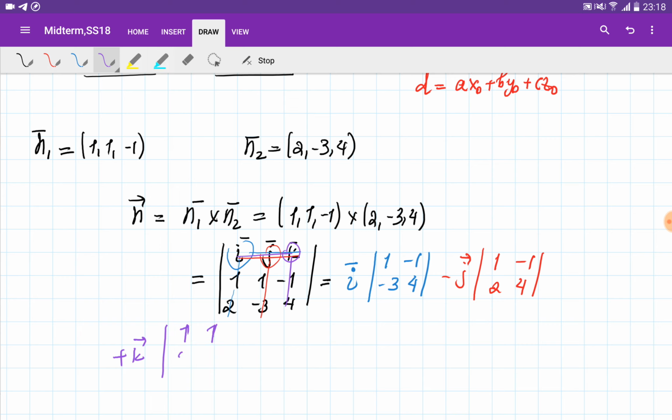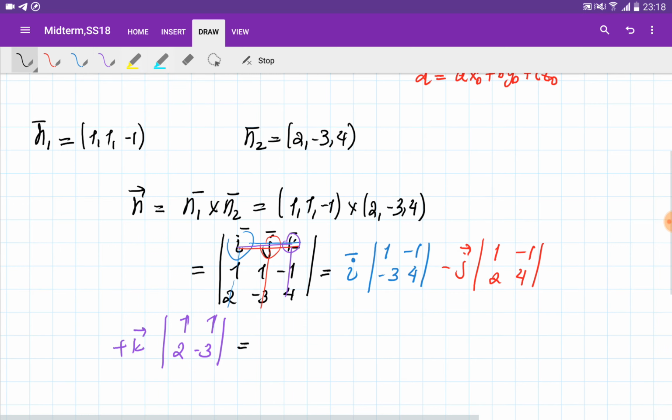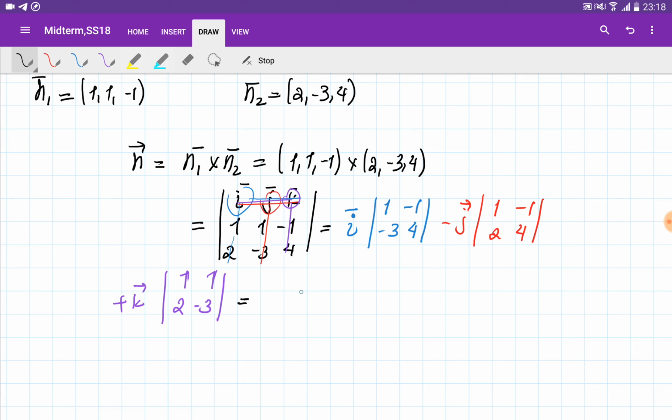It's going to be 1, 1, t, minus 3. So now let's just find the determinants and write down the cross product. It's going to be i multiplied by t, 4, minus 3, minus j multiplied by t, 4, plus t, plus k multiplied by t, minus 3, minus t.